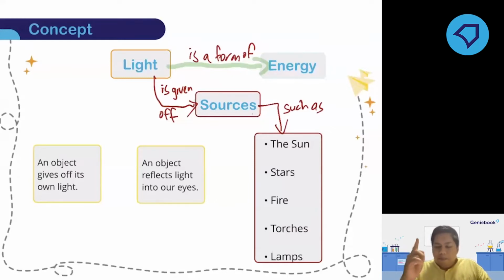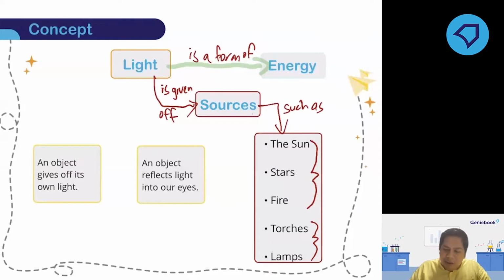But from these 5 sources, you can divide them into 2 groups. Who can tell me what's the first group? The sun, stars, and fire. What can you label this first group? Very good.